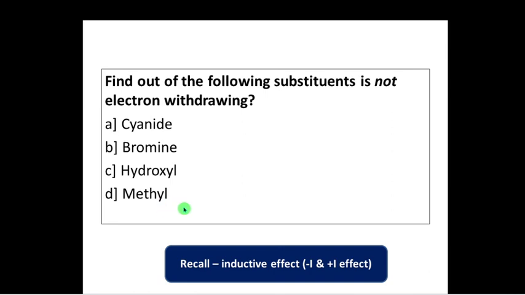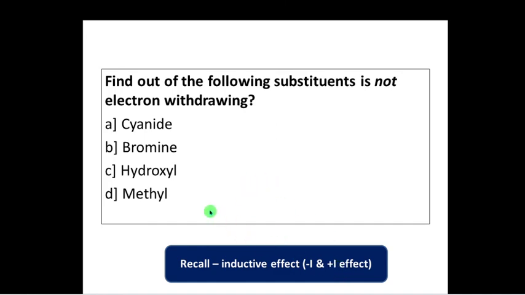As we already pointed out, the presence of cyanide, bromine or hydroxyl group leads to electron withdrawing nature. Whereas in the case of the inductive effect, the methyl group is ready to donate electrons to the compound, which leads to the positive inductive effect.